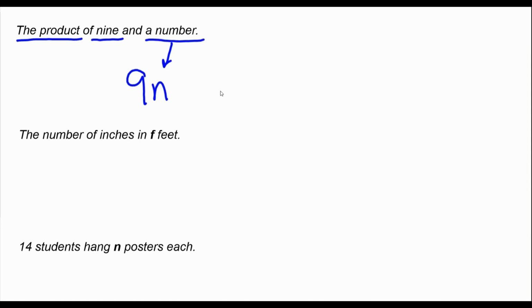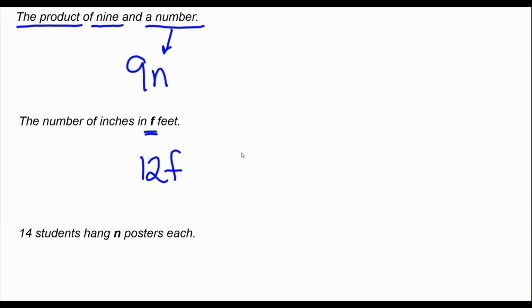Well, I would have to multiply the number of feet times 12. That would tell me how many inches I have. So I'm going to use my variable here, f, to represent any number of feet, and we're going to multiply that by 12. 12f represents the number of inches in any number of feet. So there's the algebraic expression that represents the number of inches.